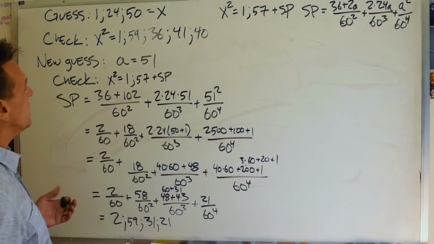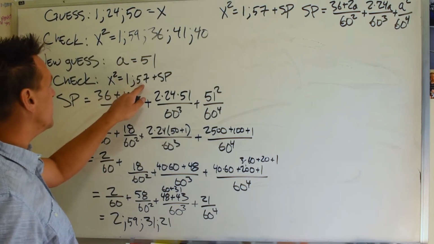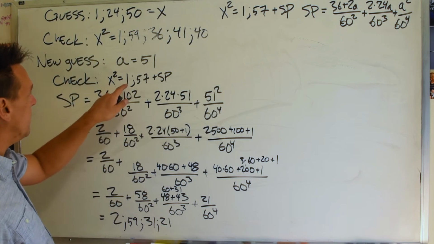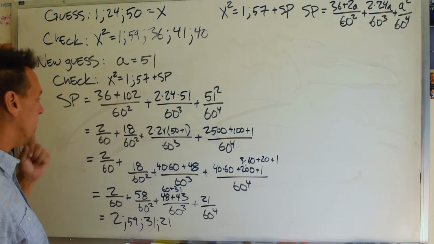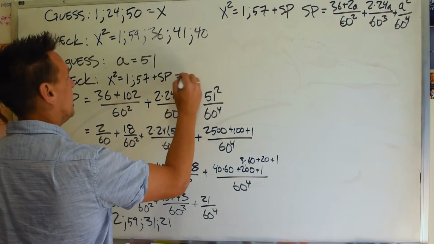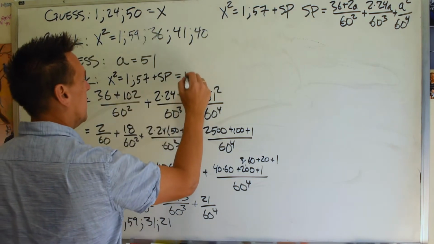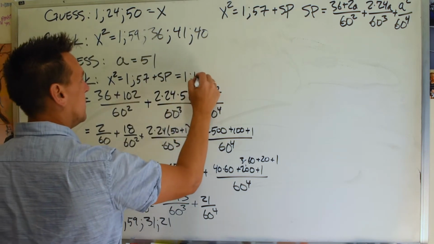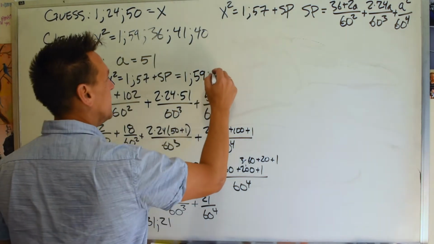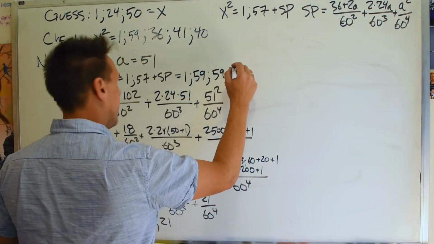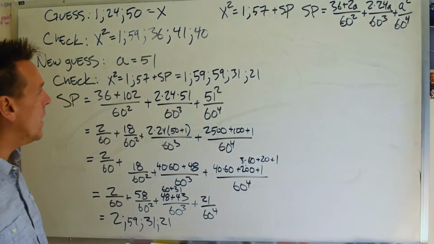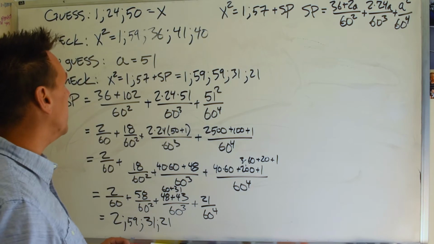So that if you're in a situation like this, where you have 1 and then the 60th unit, you're going to add this to it, but I don't want to confuse the 2 here with the 1's place. So that's in my head when I'm not writing it down as complete fractions. But anyway, it's going to be 1, and then 57 plus 2, which is 59. And then third place is 59, 31, 21.